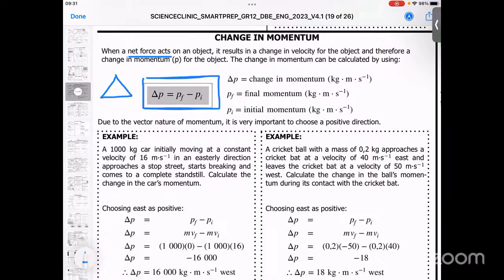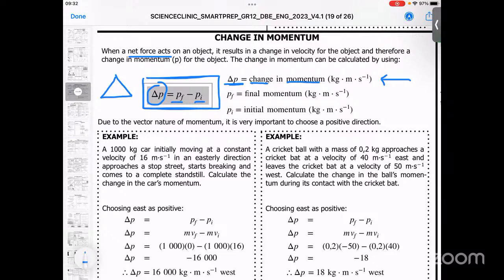So when you see this, always refer to it as change in P, because there is that delta and there is P for momentum. So that's why we say change in momentum. It is still measured in the same unit because it is momentum. What I know is that change means final minus initial. So it is P final minus P initial.